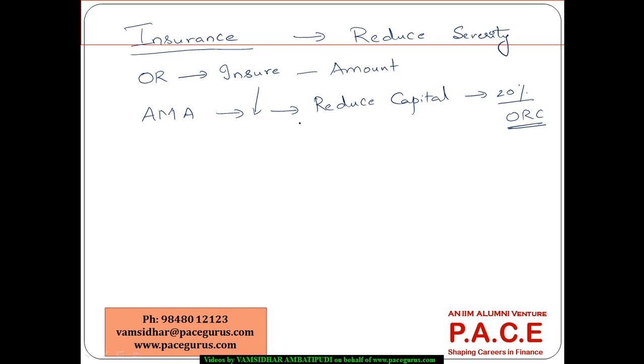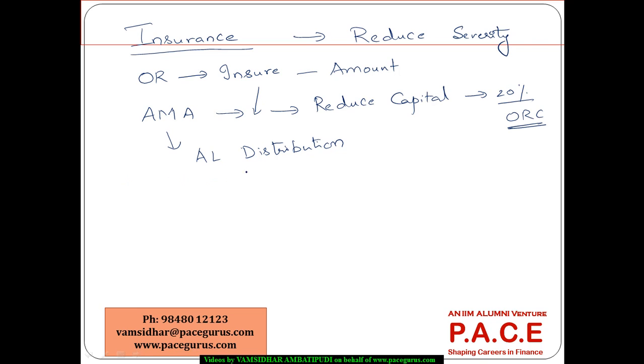So it can bring down the operational risk capital at the max by around 20%. Now, by including the insurance, the aggregate loss distribution might change drastically because it is impacting the severity, so the severity distribution will get changed, but the distribution associated with the frequency will not change at all, right?